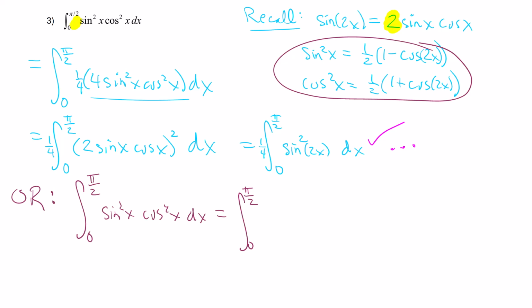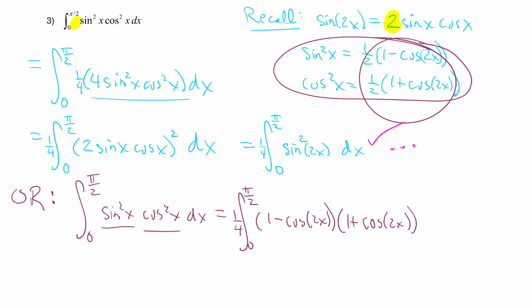Notice each of them would have a 1/2 factor in front, but multiplying those together for sine squared times cosine squared, you'd have 1/2 times 1/2, which becomes 1/4 as a constant, which I will put out in front of the integral. And then I would have after that the 1 minus cosine of 2x times 1 plus cosine of 2x. Again, just multiplying those two results together from these power reducing formulas that we're recalling from above. And then of course dx at the end.